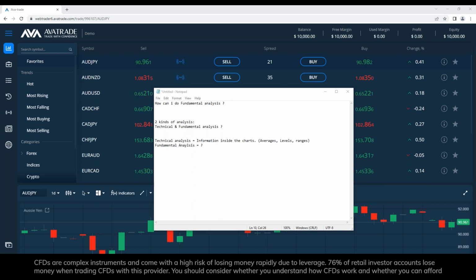Okay, what else? Articles, okay. Actually, articles and news are okay. Let's agree that this is information that is outside the charts, such as news, events, articles, could be a lot of things.